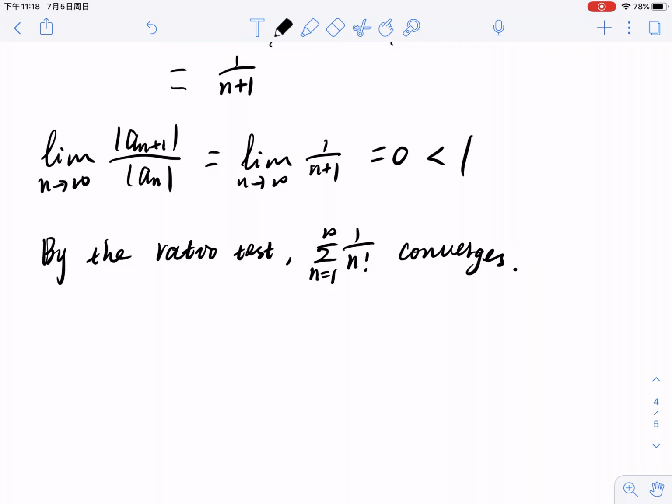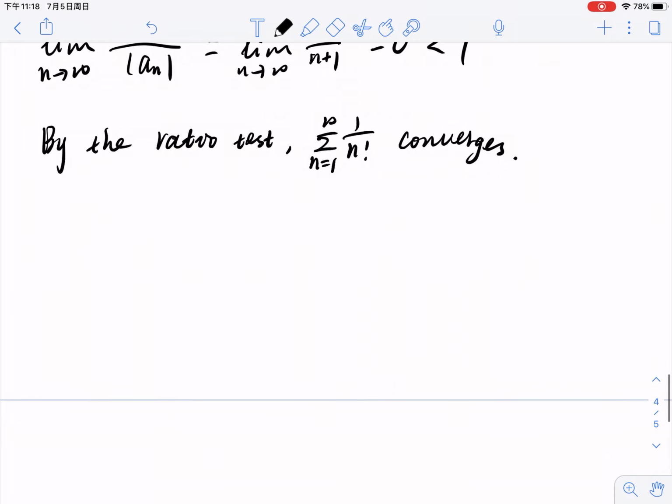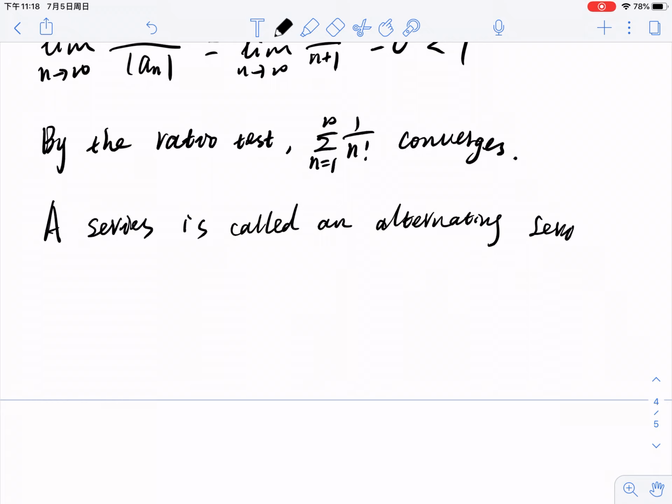So next we look at the alternating series. A series is called an alternating series if the terms alternate in sign.